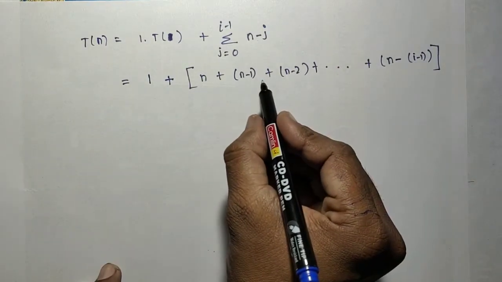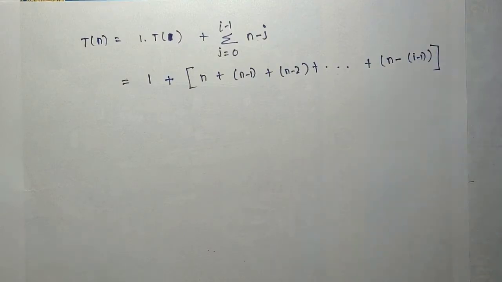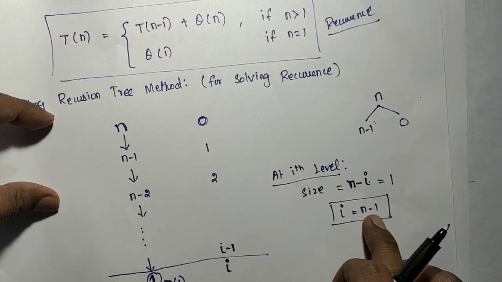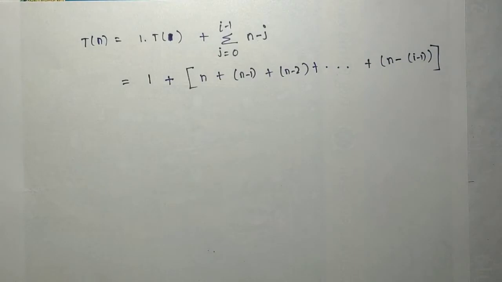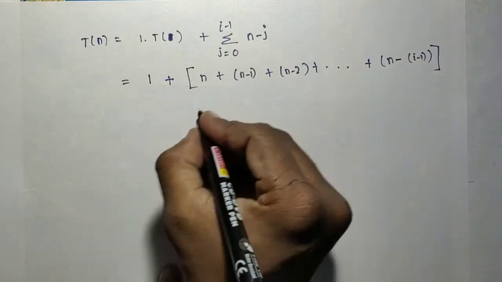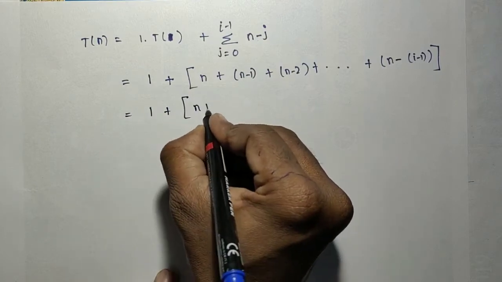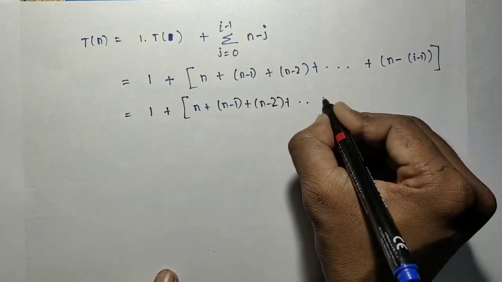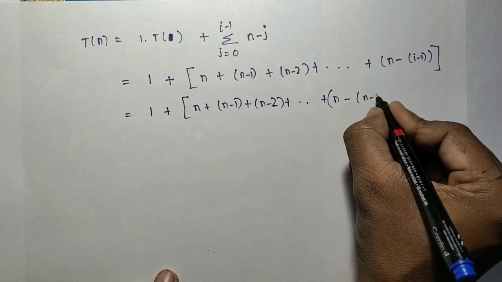And here, what is that i value? i also has to be expressed in terms of n. So i is n minus 1. So this is the level n minus 1, and the previous level is n minus 1 minus 1, that is n minus 2. So just substitute i as n minus 1. So 1 plus n plus n minus 1 plus n minus 2 plus and so on plus n minus, okay, n minus 1 minus 1.